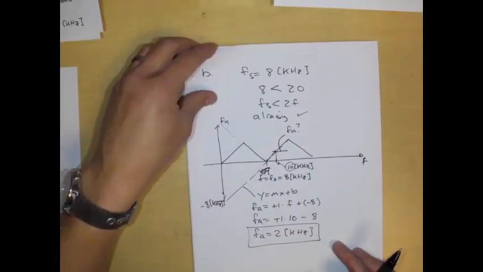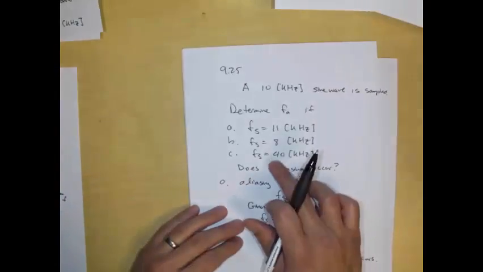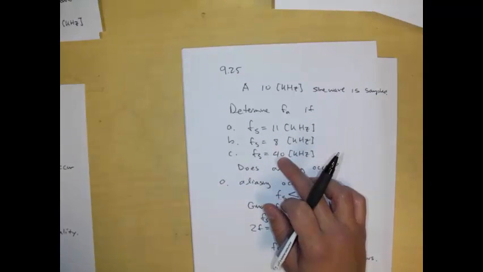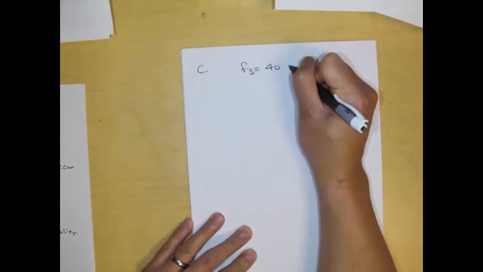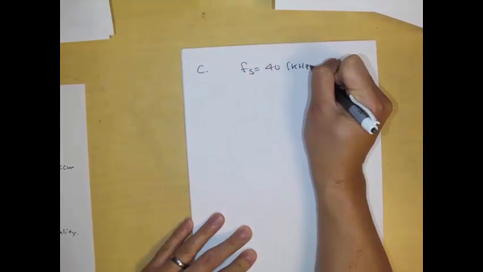Okay, good. Let's do the last one, part C. So if we look at part C, now we're looking at when Fs is 40 kilohertz. Okay, so part C, Fs equals 40 kilohertz.